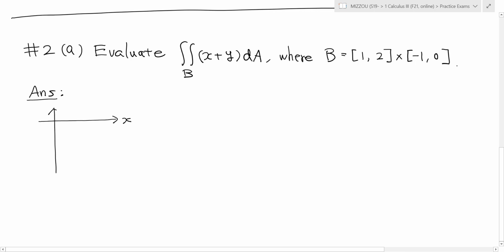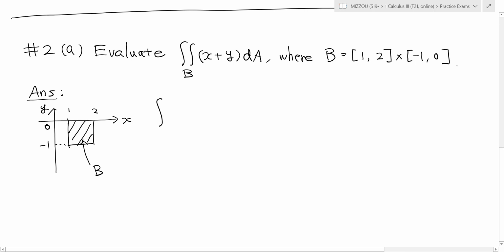Let me just write it down. So x is from 1 to 2, and y is from 0 to negative 1. It looks like this. Indeed, it's a square, actually. So this is our B.